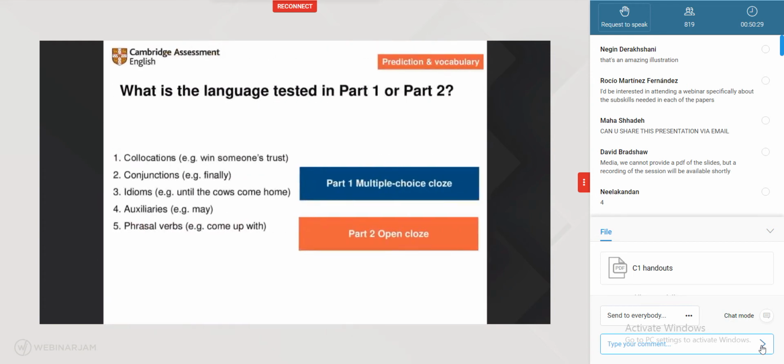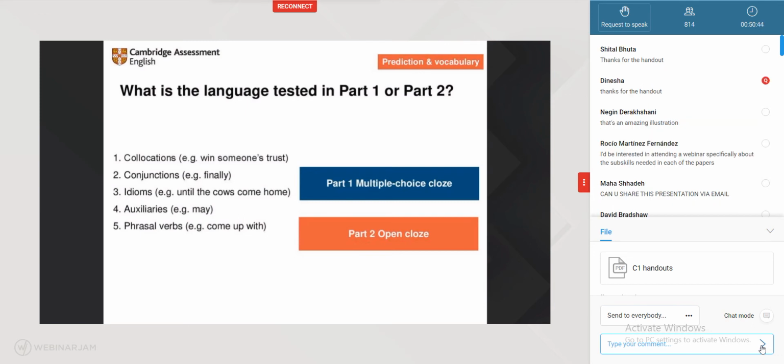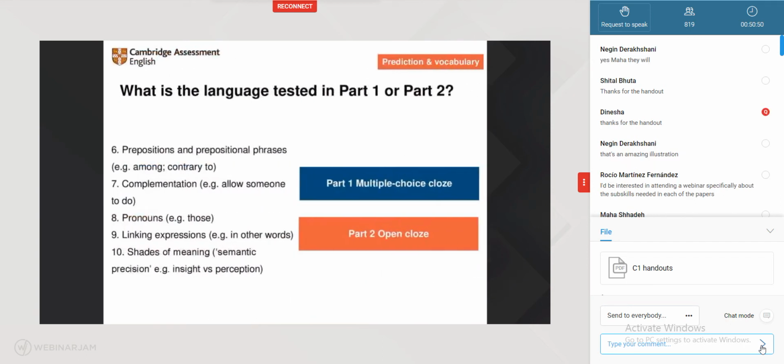So back to the reading and use of English question, parts 1 and 2. The types of language that are tested in these parts. Victoria, favorites like collocations? Collocations, conjunctions, idioms, auxiliary verbs, phrasal verbs. And more.